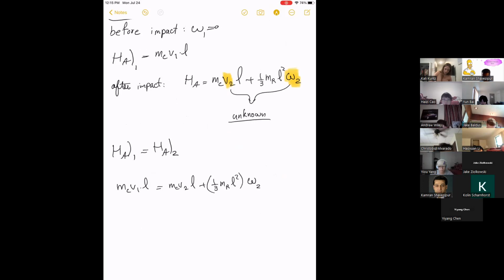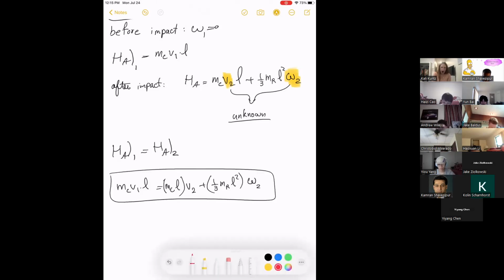Let me put this V outside. This is one equation with 2 unknowns. Again, where do I get the second equation? Callie? The second equation? The coefficient of restitution.